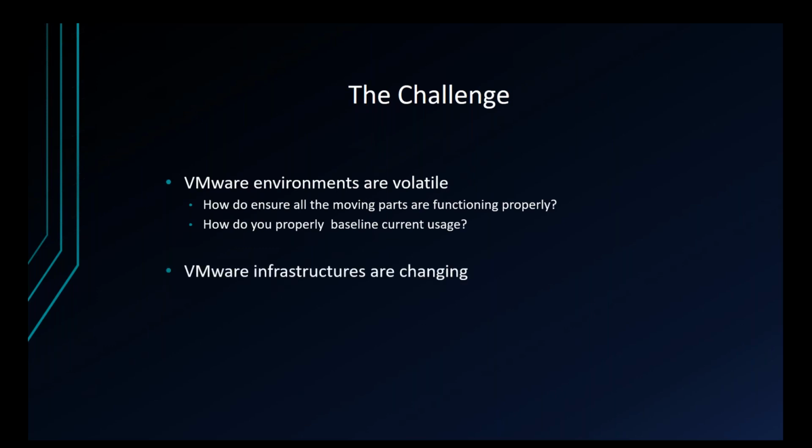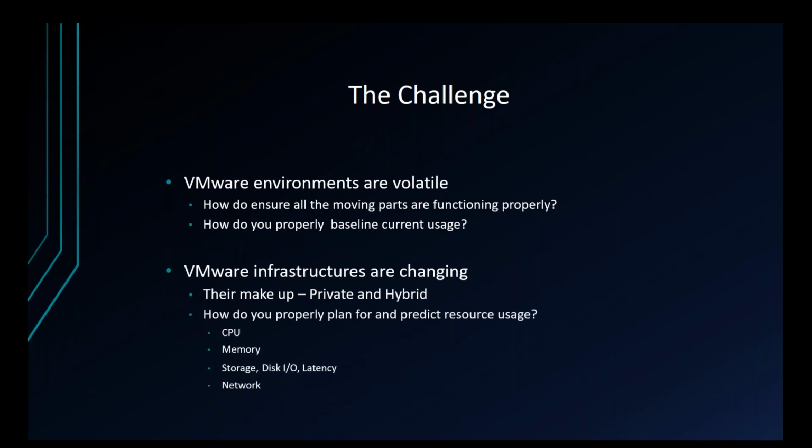The VMware infrastructures are starting to change, especially their makeup. A lot of folks used to run strictly in a private IT infrastructure, private cloud. Now folks are running in a hybrid environment, and that makes it even more challenging in terms of how do you properly plan and configure and predict, if you will, for CPU, memory, and storage related issues. It's a particularly vexing problem, if you will.